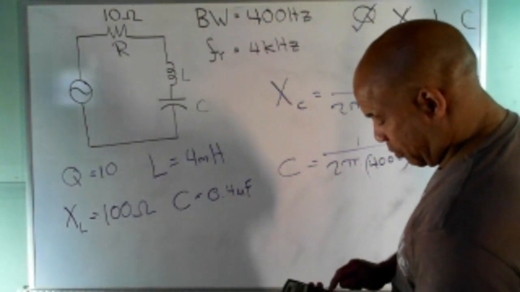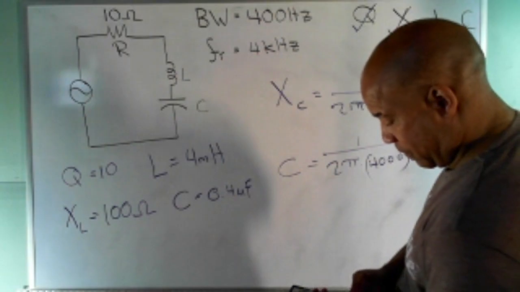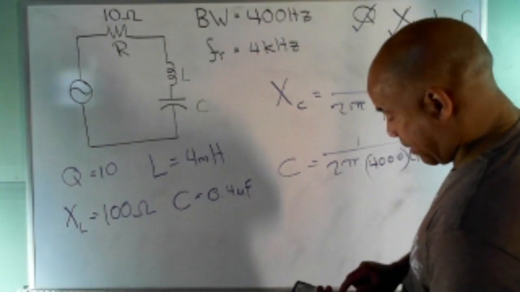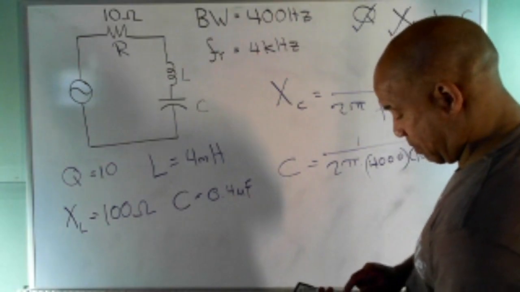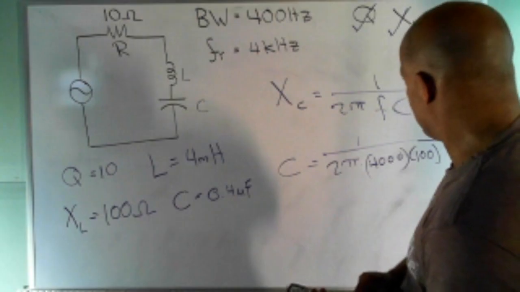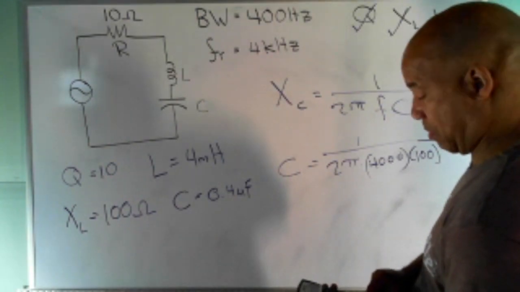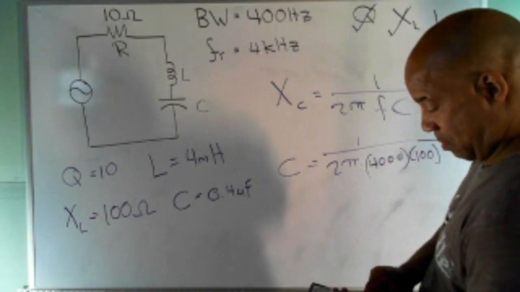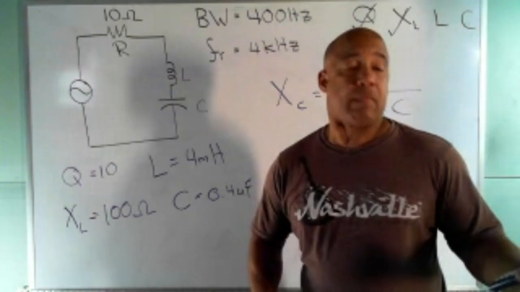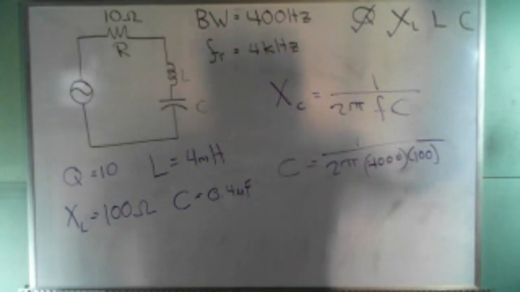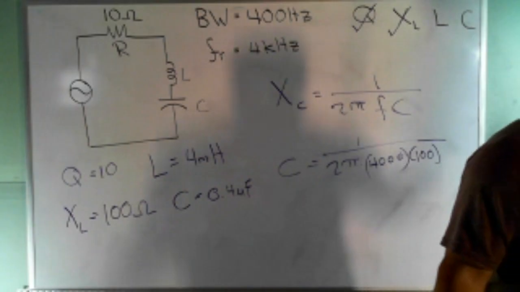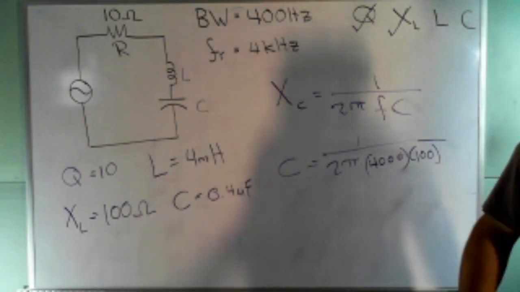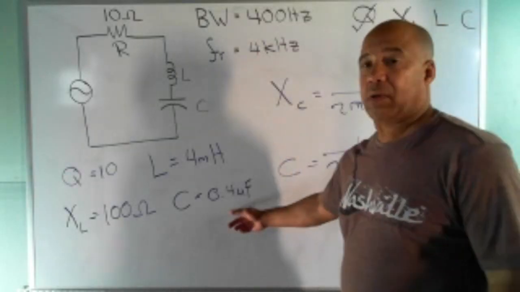I got 2 times pi. Yeah, that's what I'm getting. I'm getting like 0.39 micro, 0.397 micro. So I'm getting about, I just rounded, right?